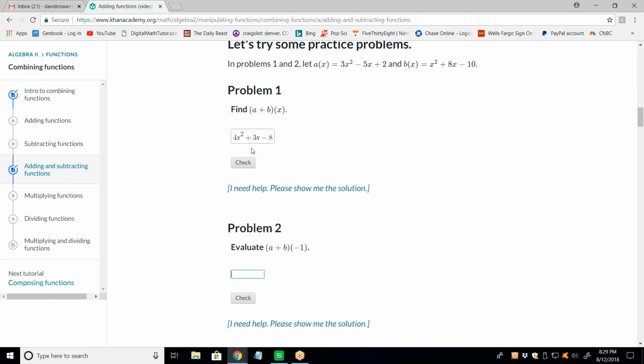So that would be 4 minus 3 minus 8, which, if you combine all of those, so that'd be negative 7. Okay.